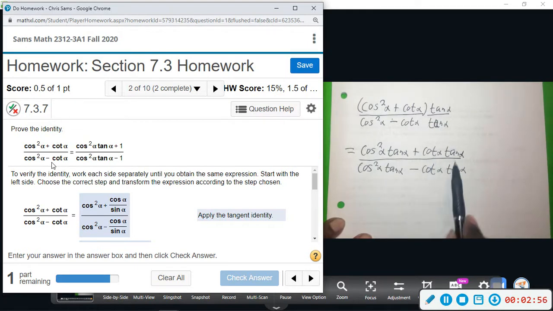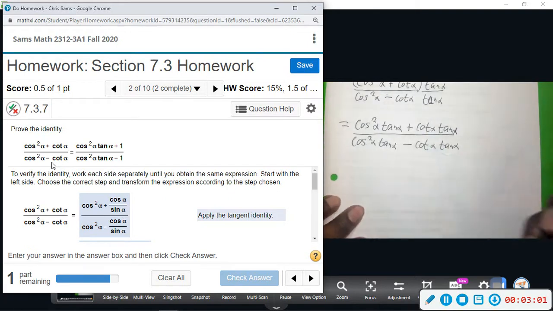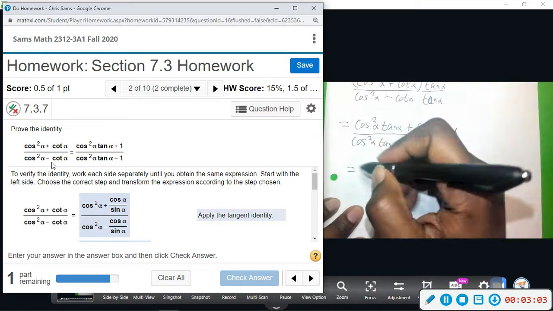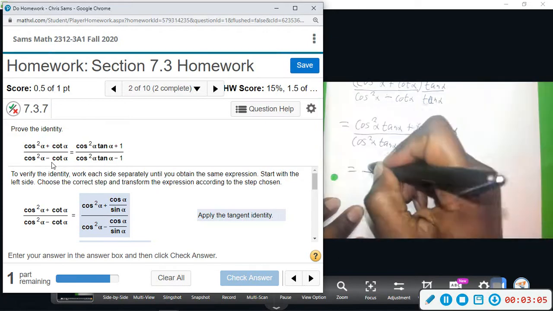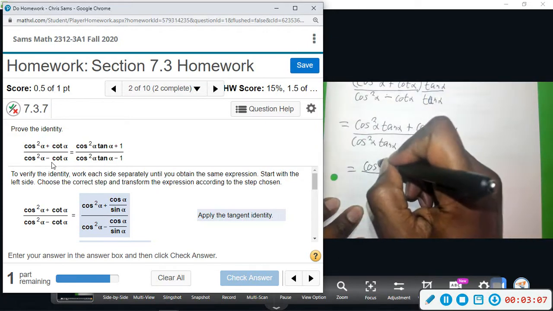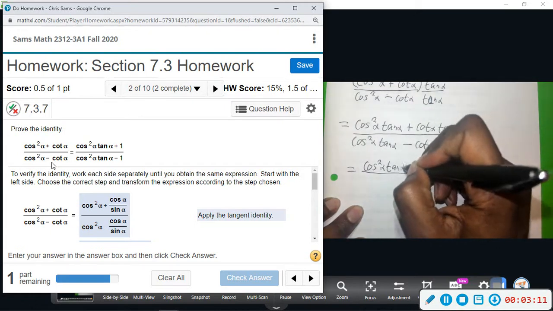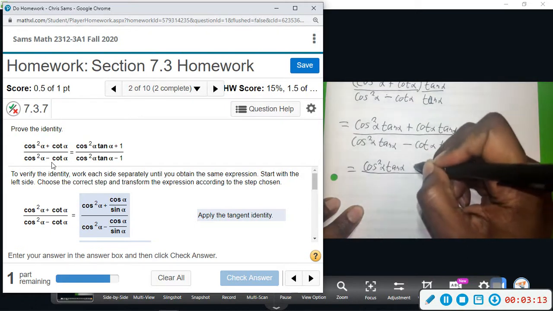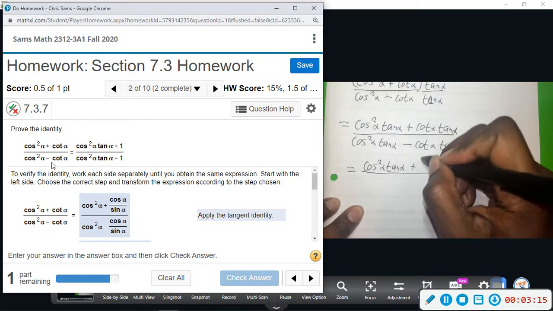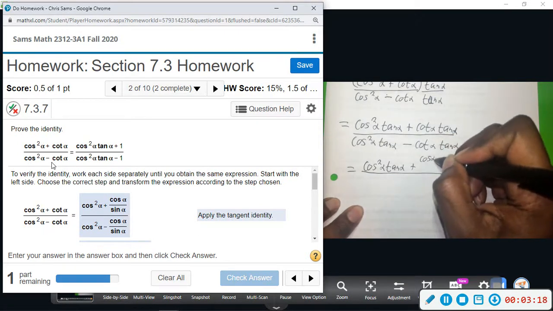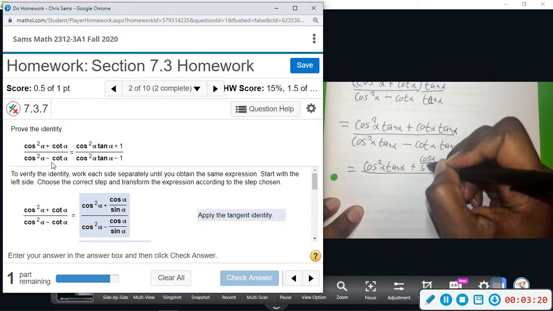So when you apply the tangent identities and we rewrite these, we will get cosine squared alpha tan alpha plus, this is cosine alpha over sine alpha.